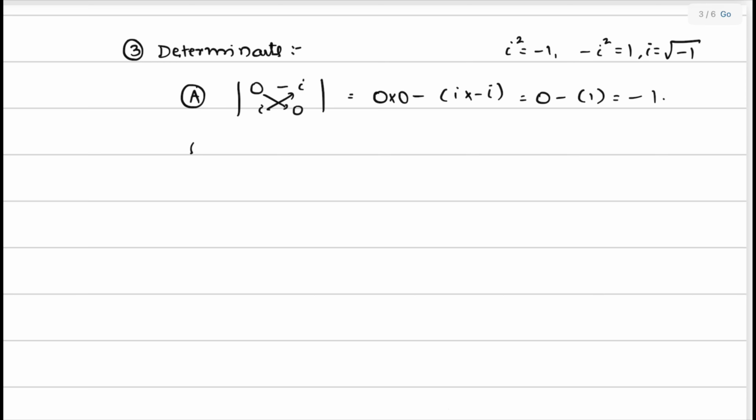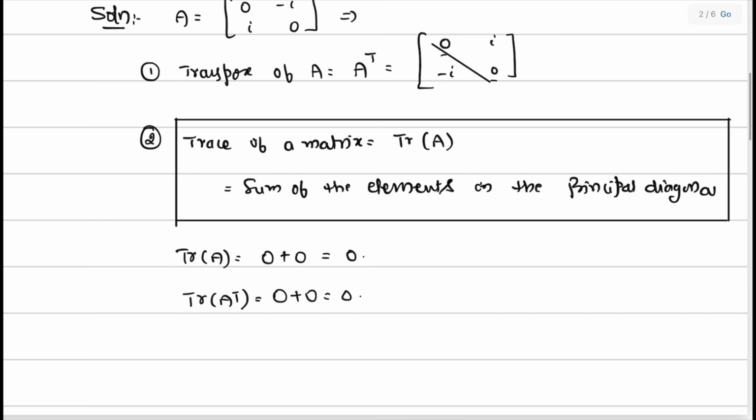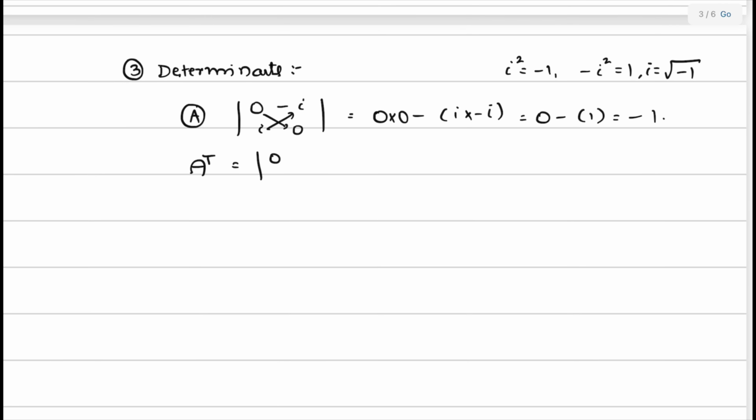Then the determinant of the transpose matrix. What is the transpose matrix? We have found it out here: 0, i; minus i, 0. What is its value? Cross multiplication: 0 into 0 minus i into i. Please don't change the order.